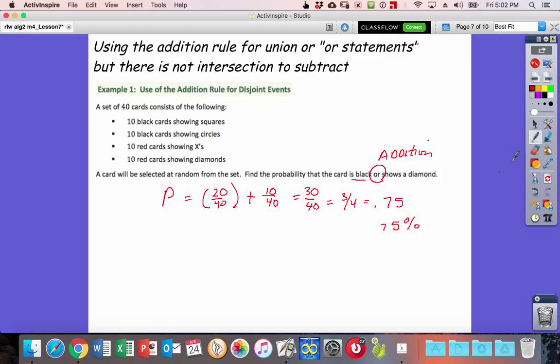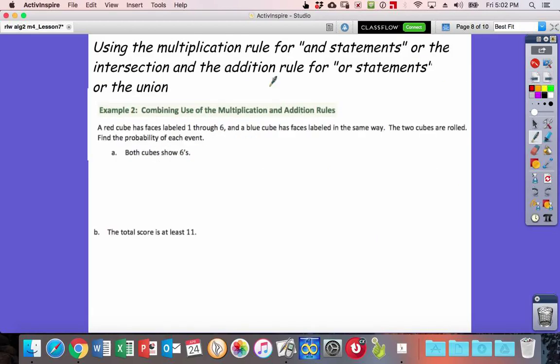Okay, let's try another one. Now this is also another combination use of multiplication and addition rules. A red cube has faces labeled 1 through 6, and a blue cube has faces labeled in the same way. The two cubes are rolled and find the probability of each event.